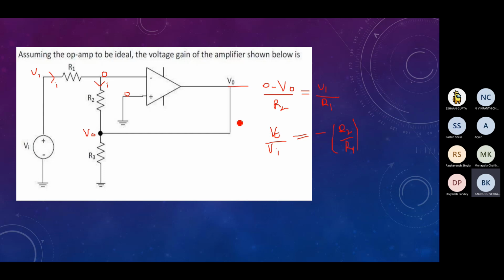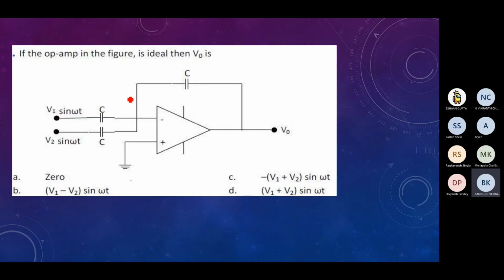Next we will be solving one more problem. Here we will solve using the Laplace transform. Since V1 sin omega t becomes V1 into omega by omega square plus s square, and V2 sin omega t becomes V2 into omega by omega square plus s square.